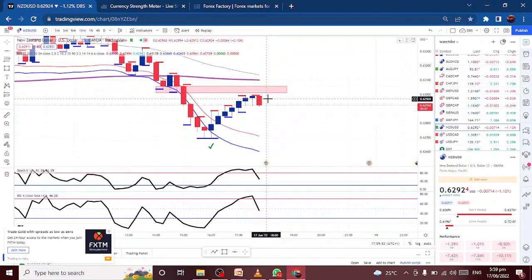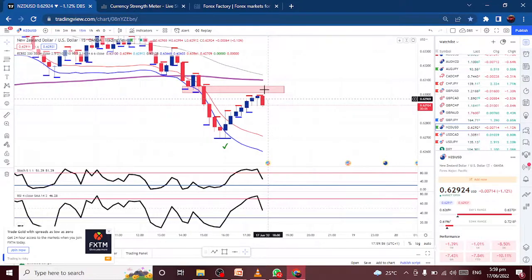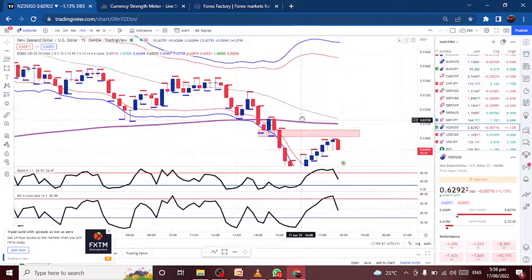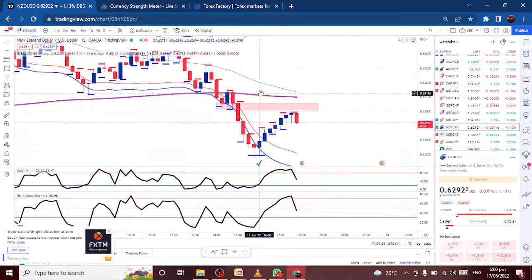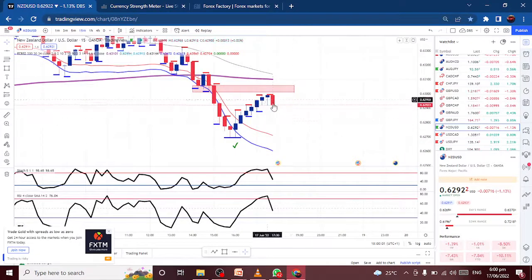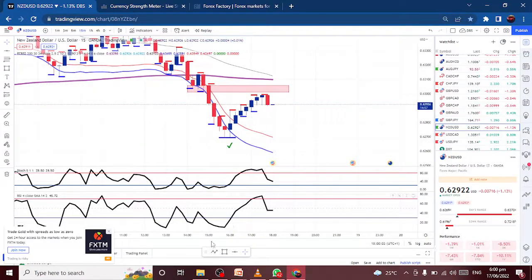If you want to ask me where is the next possible place to sell, I'll wait for this candle to come here. Let me explain to you. This candle that you are seeing, I'll wait for it to come down here. Oh, sorry, you are not buying, you are selling.